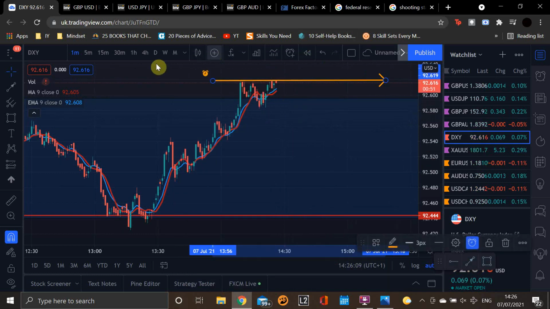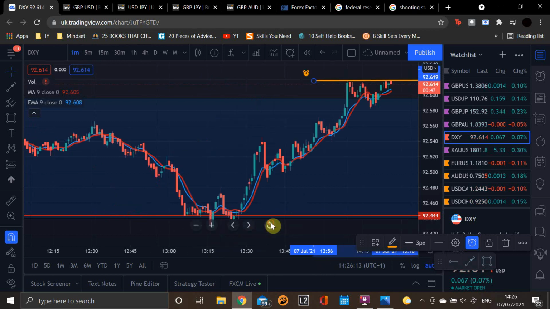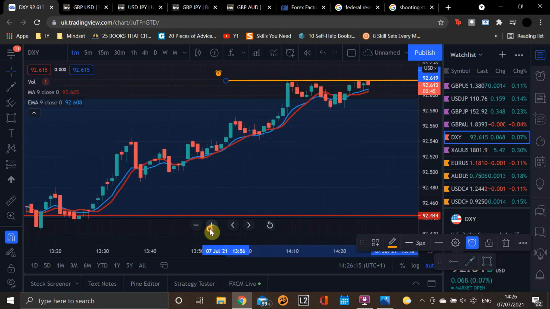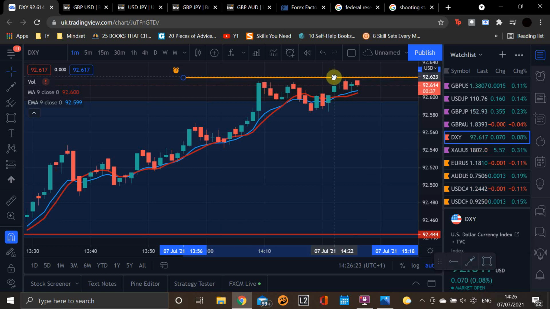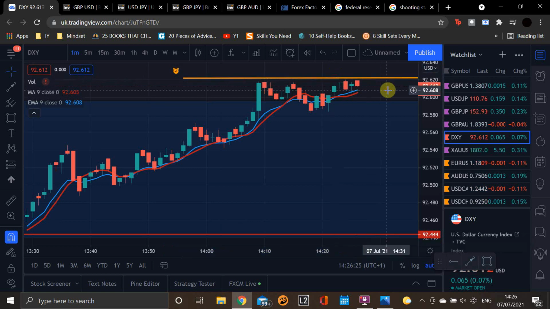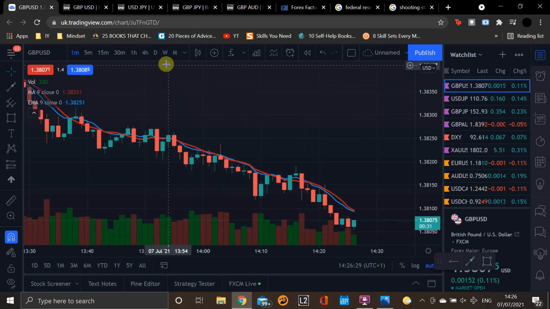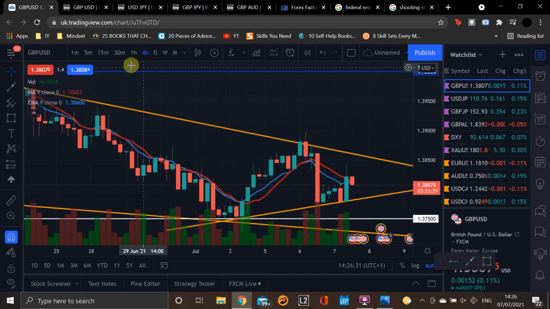Yeah, okay, look, it's breaking out. Okay, let's go to our normal plans. I'll do it just above here. You know what, the buying pressure looks quite strong. Let's go to GBP USD real quick, see what's going on.